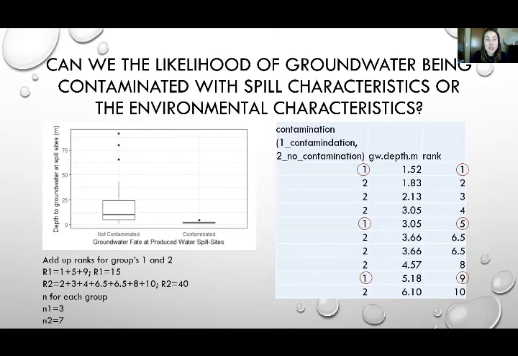And here's just a reminder, this is how the distribution of our data looks in these box plots. And so let's begin to do our Mann-Whitney U test.